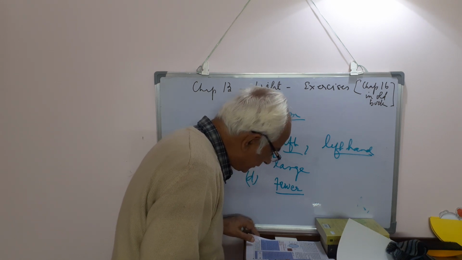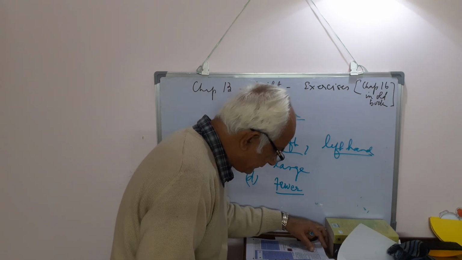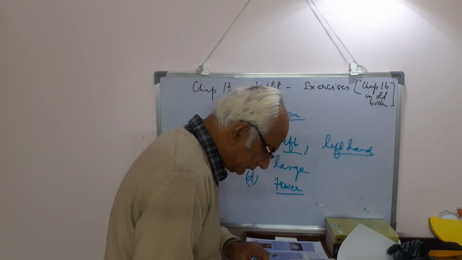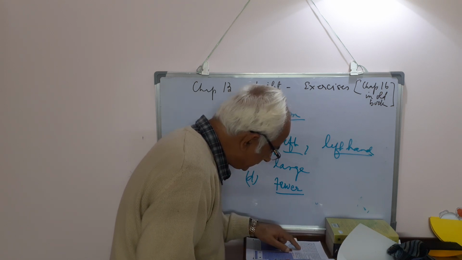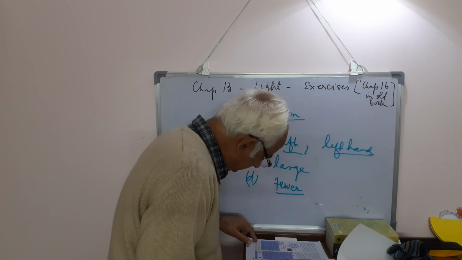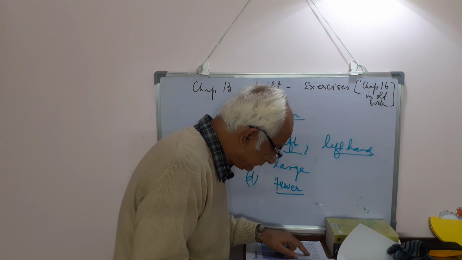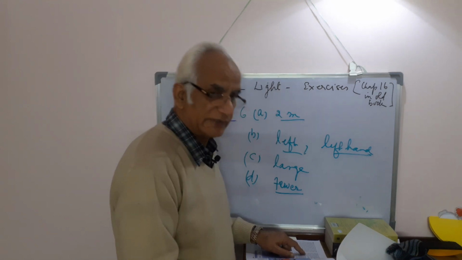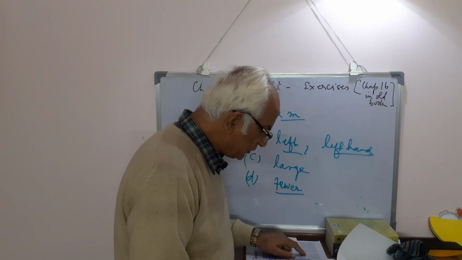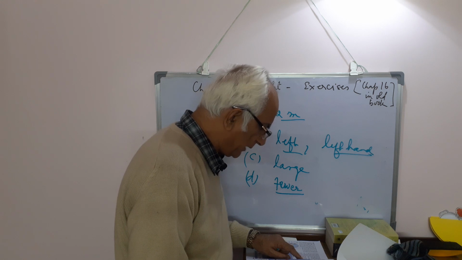If you see this given in the book here, cones and rods. Where is the concept given? It's here somewhere. The cones, there are two kinds of cells. The cones are sensitive to bright light and rods are sensitive to dim light.